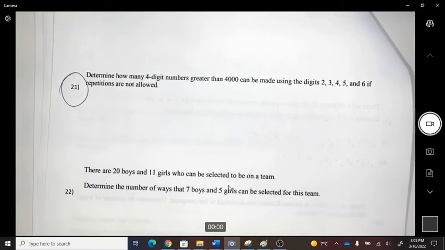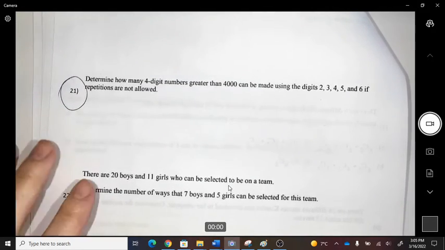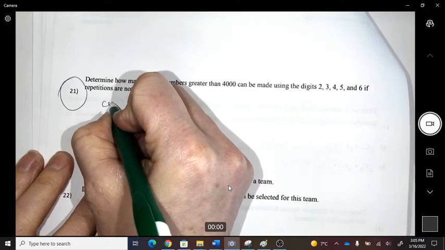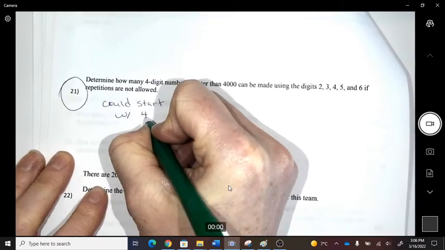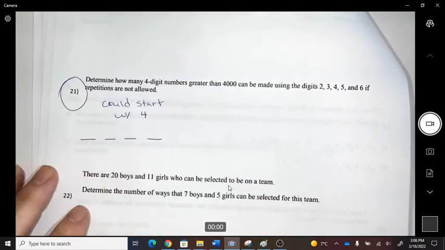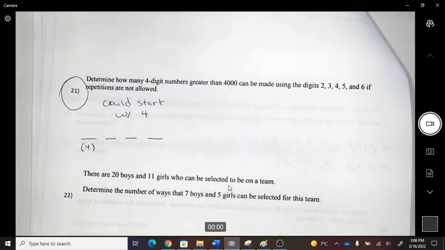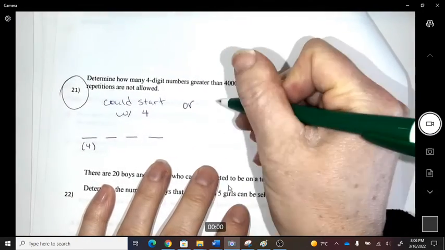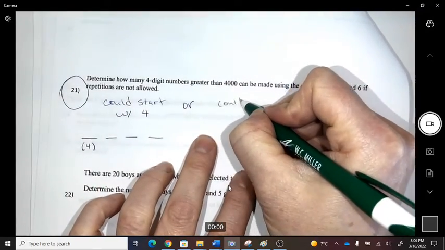Okay, so what is situation number 1? It could start with a 4. So if I have to be greater than 4,000, I could start with a 4. Or what else could you do? You could start with a 5.